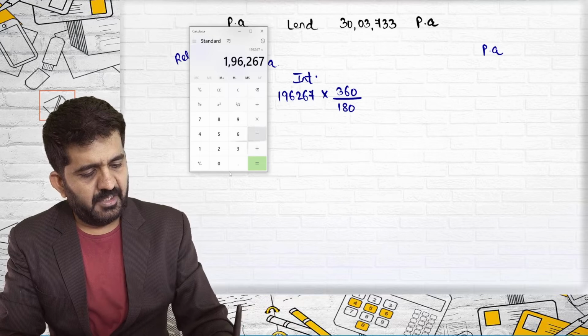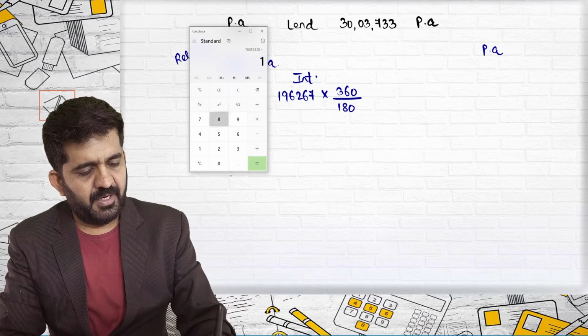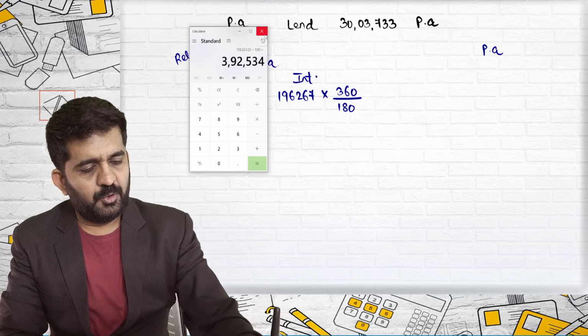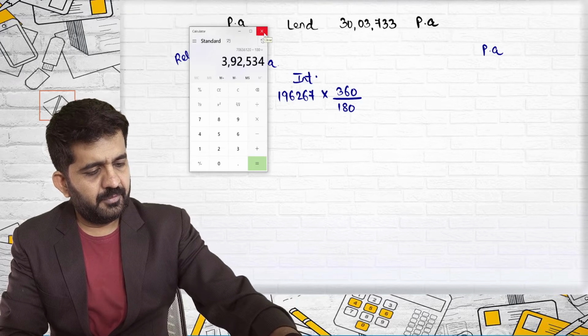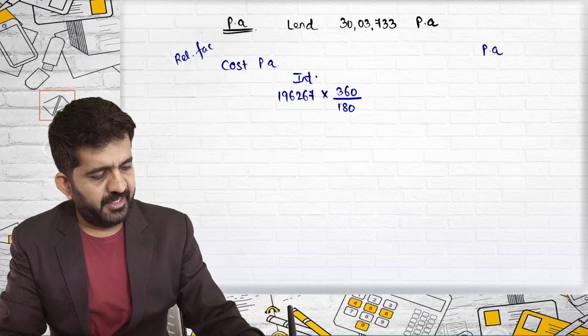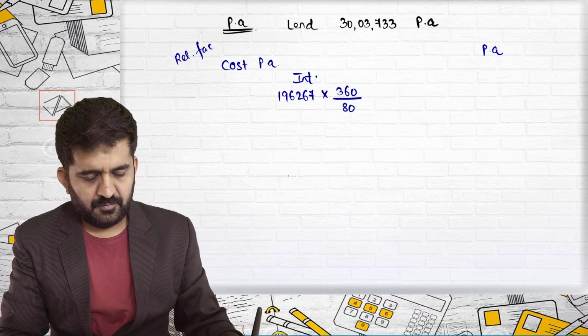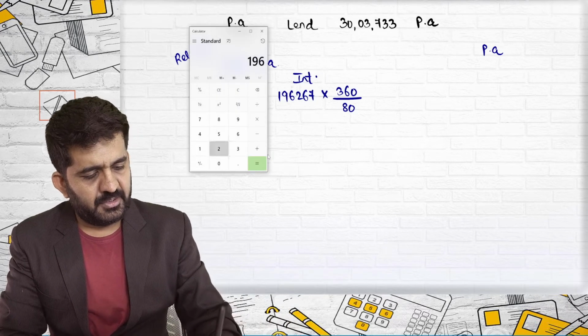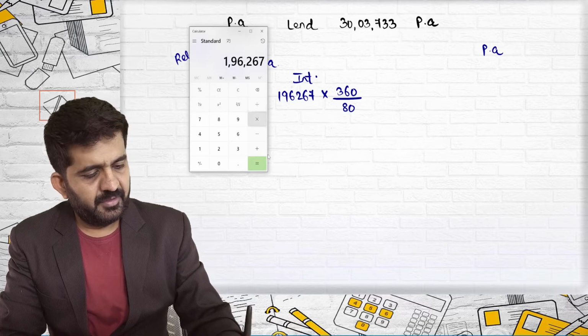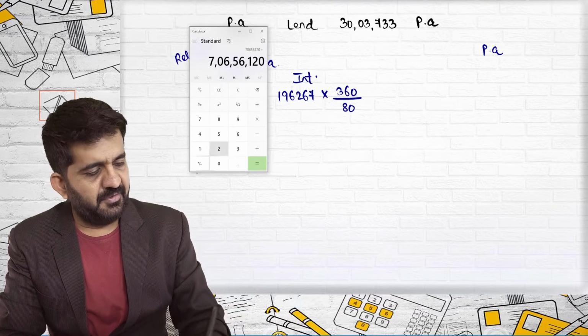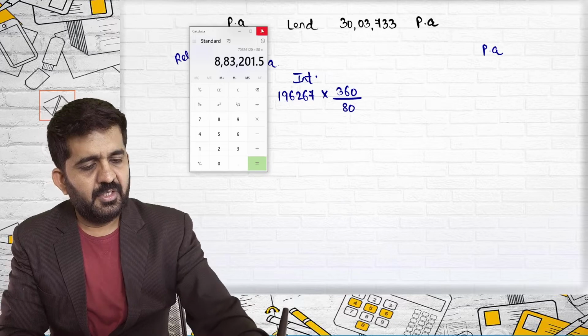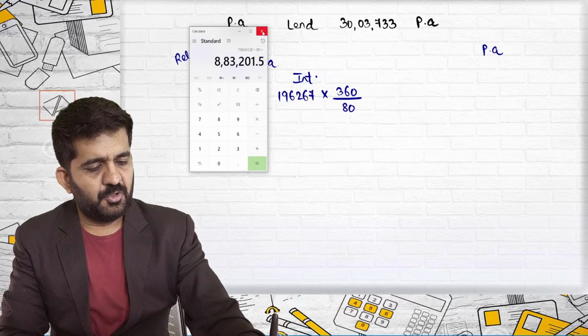Sorry, this is only for 80 days: 196,267 multiplied by 360 divided by 80 gives 8,83,201.